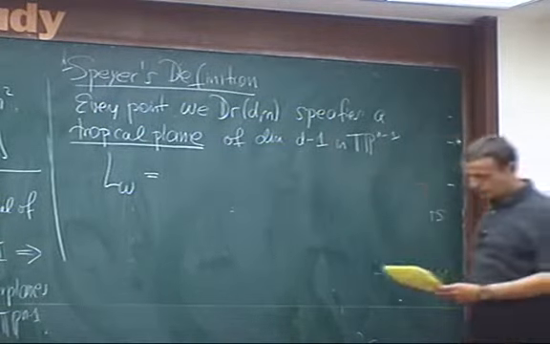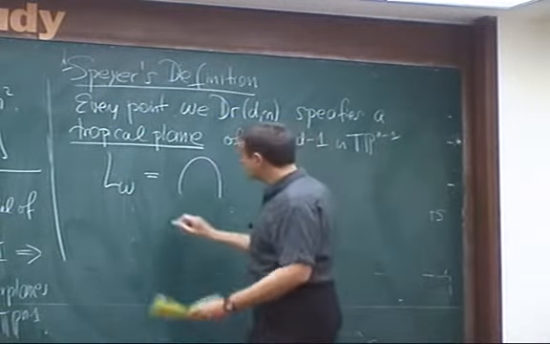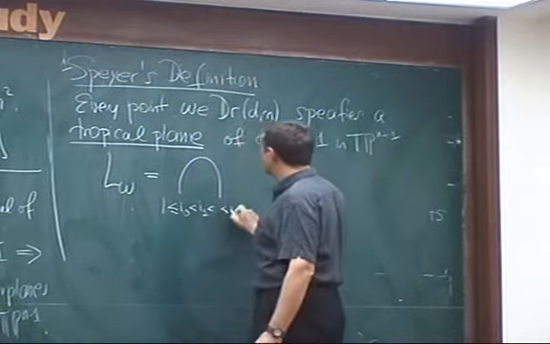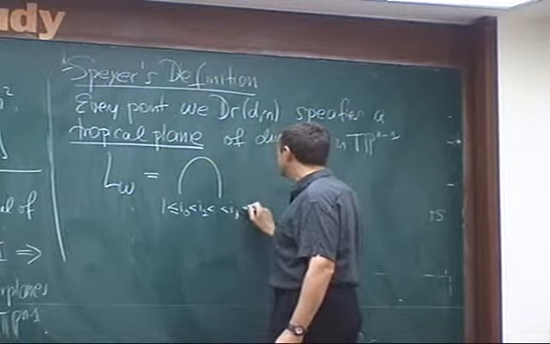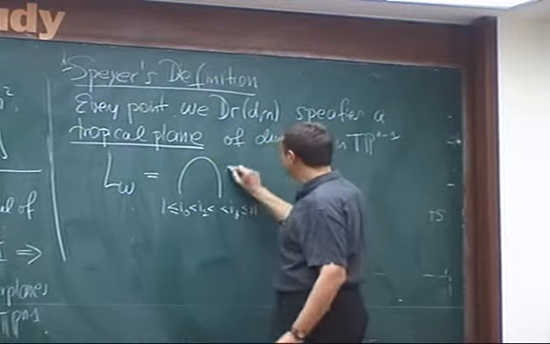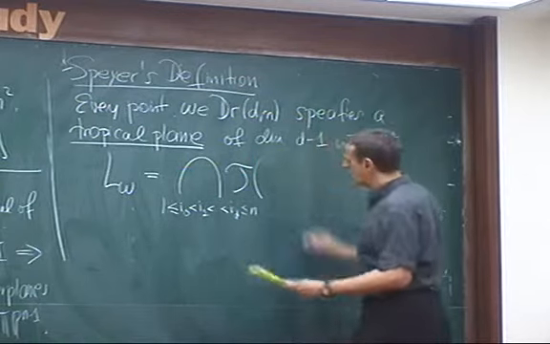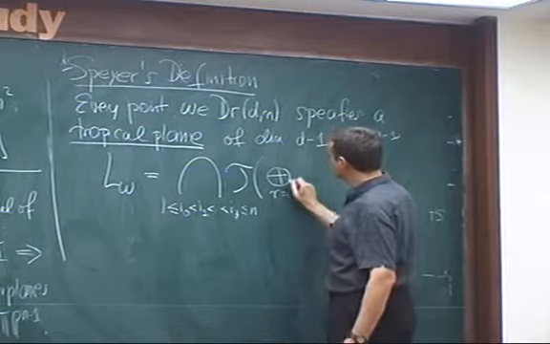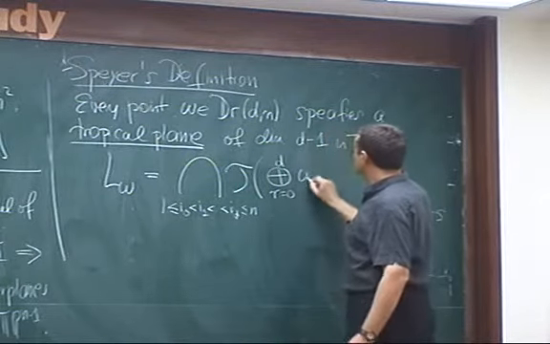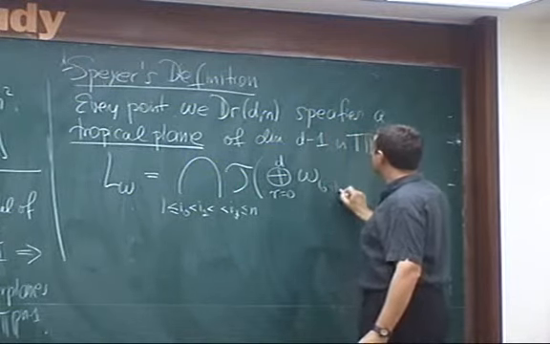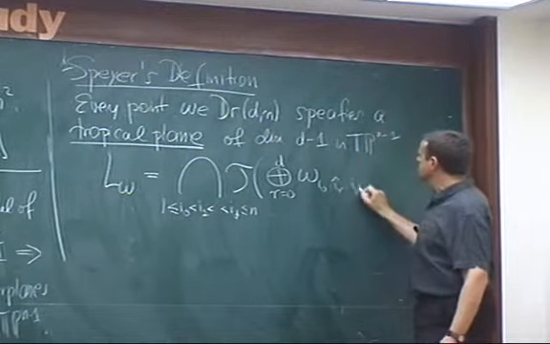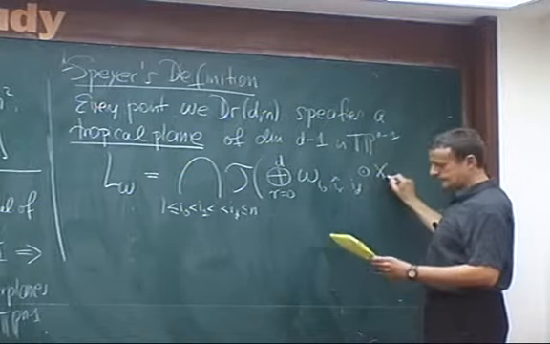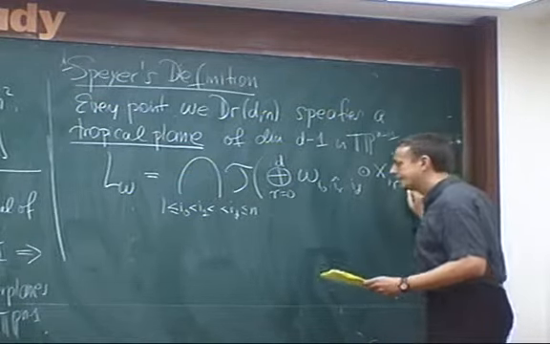So L of W is the intersection over all circuits I0, I1, up to ID, less or equal to n, and then I take the tropical hyperplane given by the circuit: R equals 0 to D, W, I0, IR, take the rth out, ID, tropical product, X, IR.